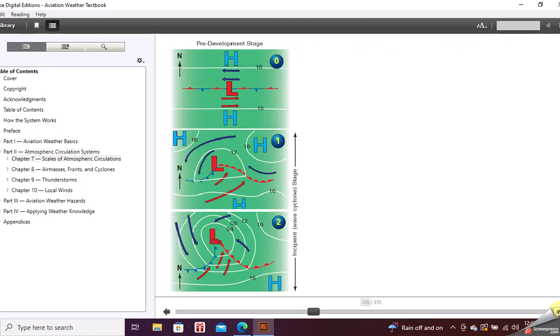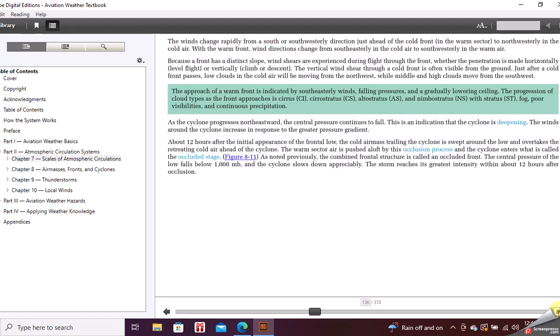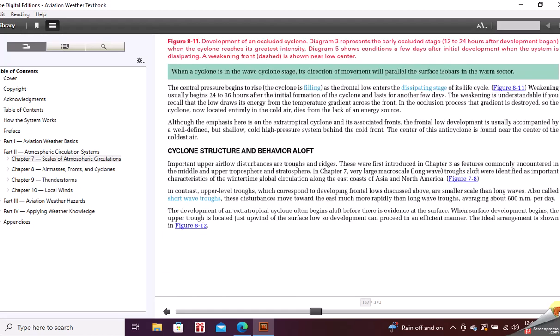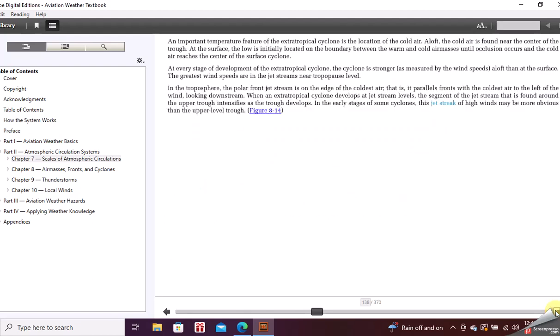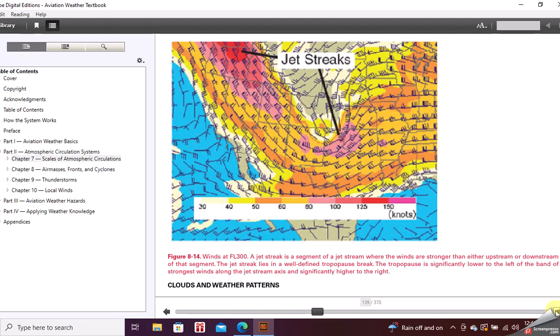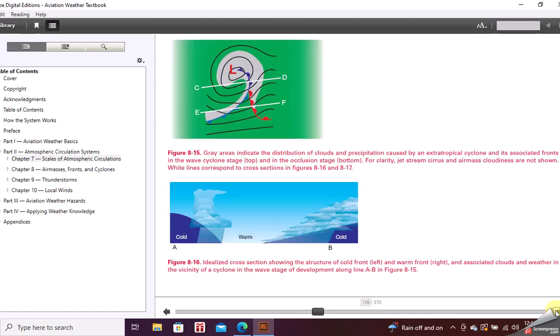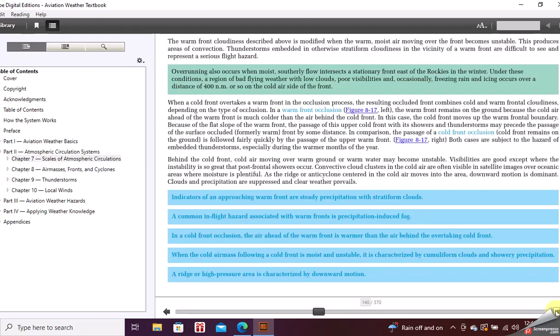Here is that cyclone, exactly the same pattern as I was just showing you. And how that short wave developed in sync with it, influenced it because it created the divergence aloft that helped these to form.